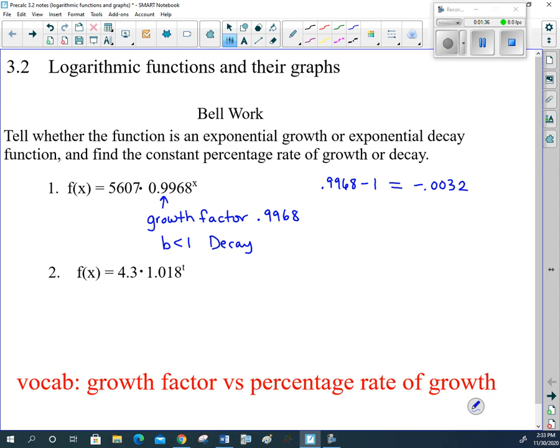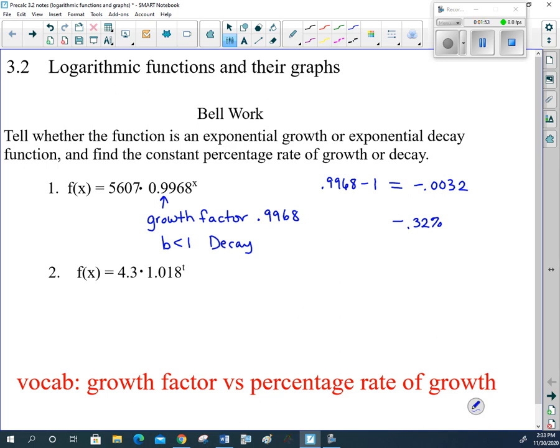Change that to a percent, so move your decimal 2 places to the right, and you get a decrease or a decay of negative 0.32%. So it's a decay by 0.32%. That's the difference between the vocabulary words.